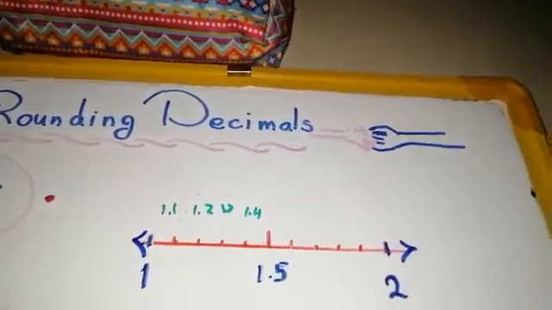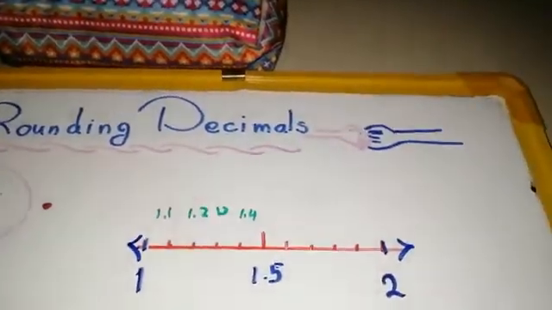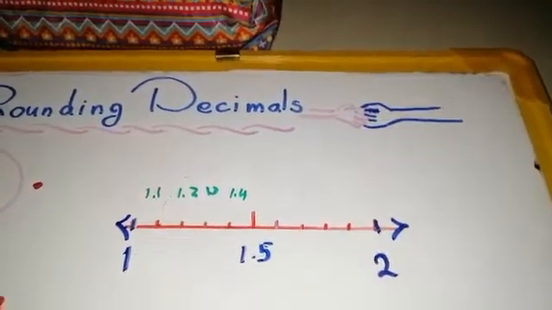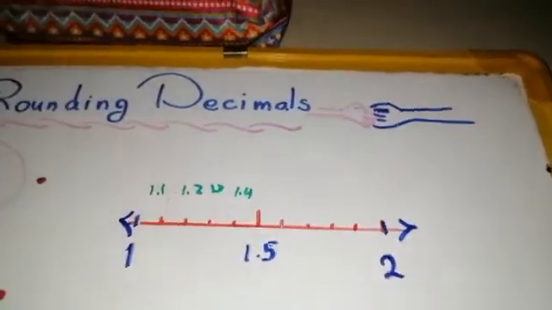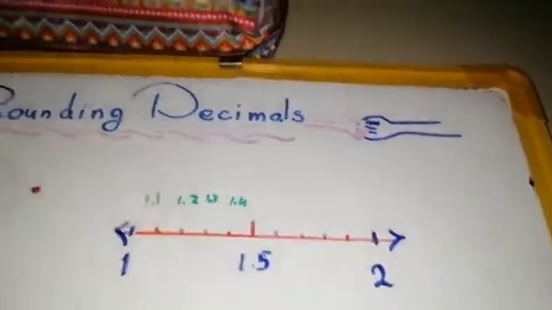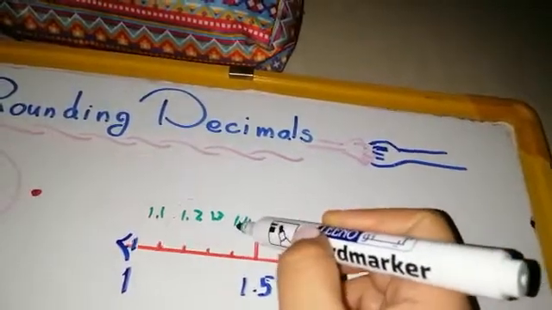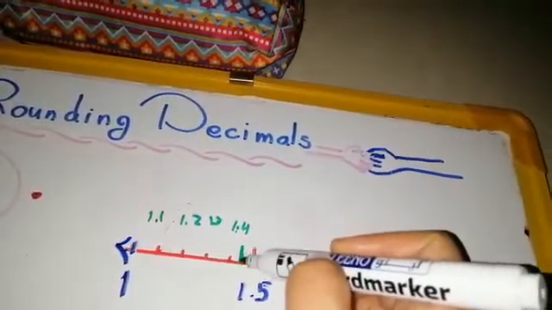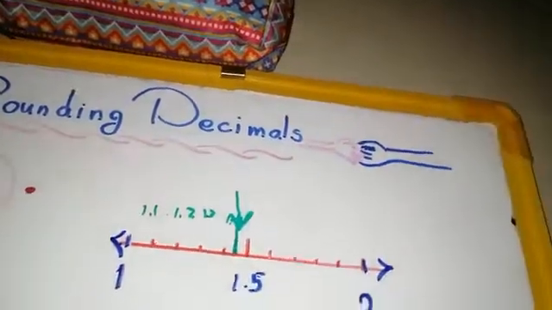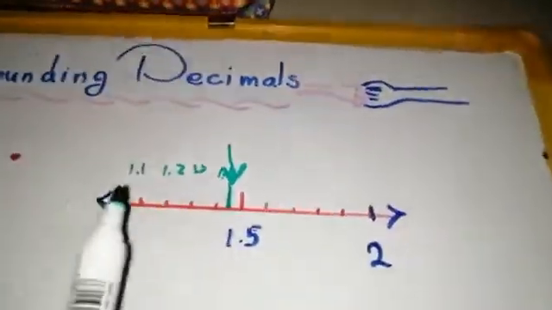So if I'm asking here, like the first exercise, exercise 2 in the pupil's book, page 77, okay? He's asking about 1.45. 1.45 will be where? This is 1.4, so 1.45 is going to be here. So 1.45, which is here, is nearest to what?